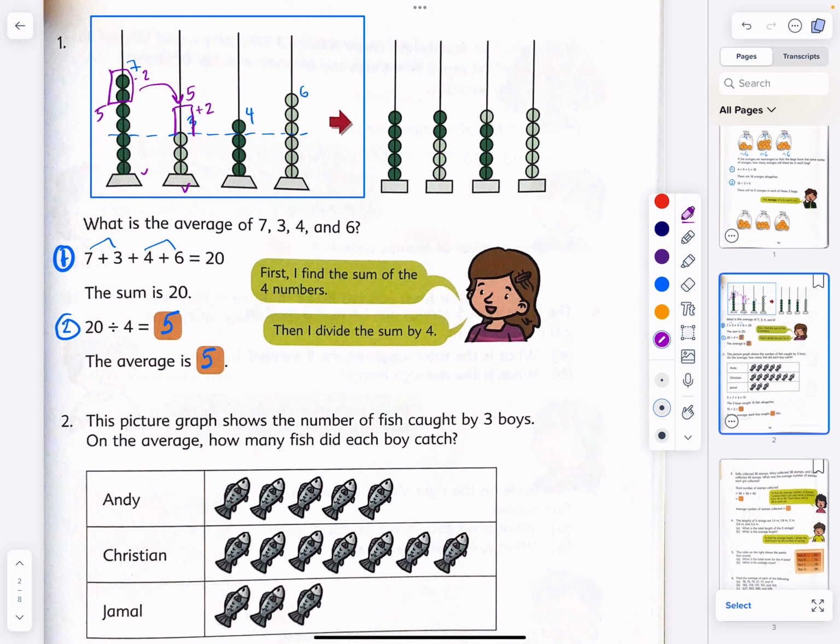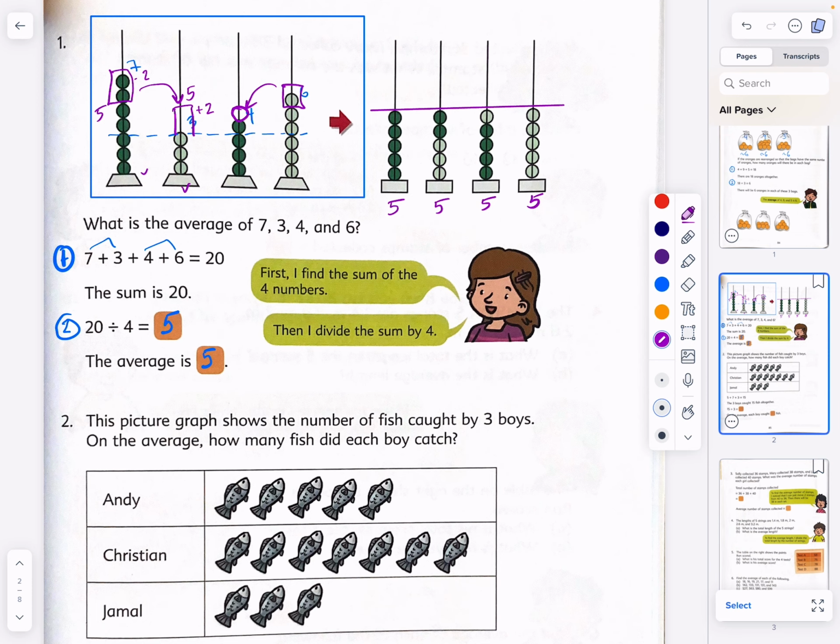And then from here, maybe this 1 bead can be added here. So we can distribute all these beads evenly among 4 pins, and each pin would have 5, 5, 5, 5. So that's your visual idea of average.